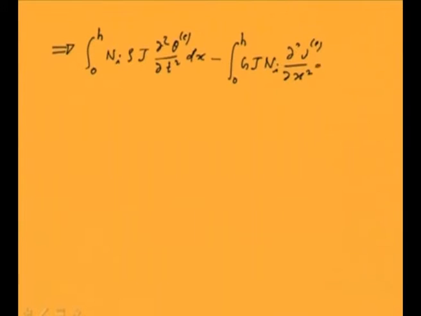In the next step we will be doing the integration by parts, and the third term remains as it is. Okay. So here we will be doing the integration by parts. This we will take as the first term, this we will take as the second term. So let us do that integration.